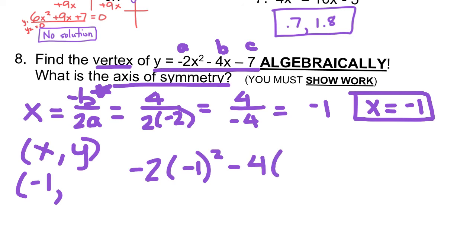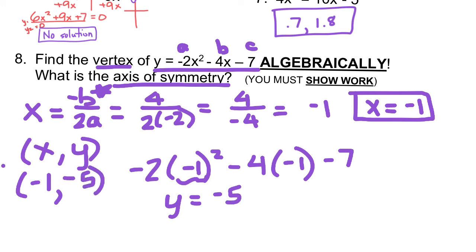The biggest mistake made is you forget to put that -1 in parentheses, and it causes all sorts of problems. So (-1) squared would be +1. So then you find that the y value is equal to -5. So the vertex would be found at (-1, -5). The lesson is yours.